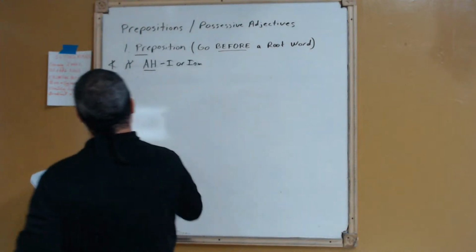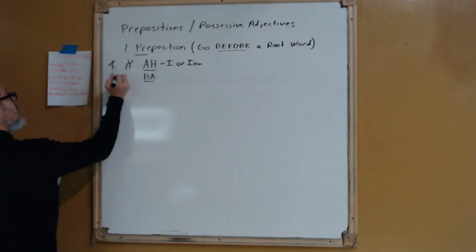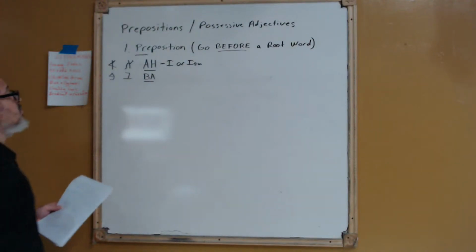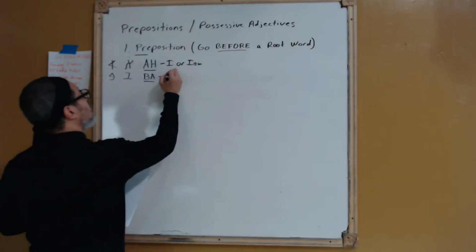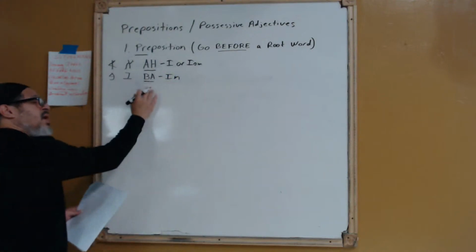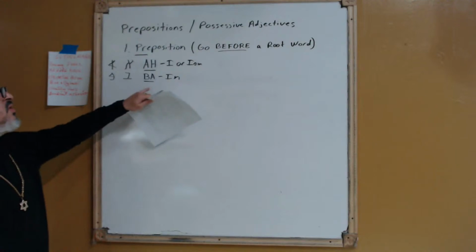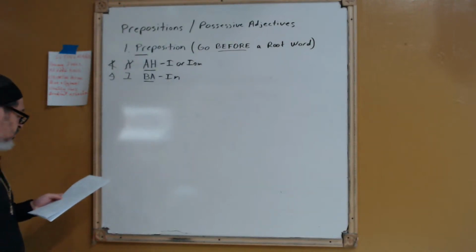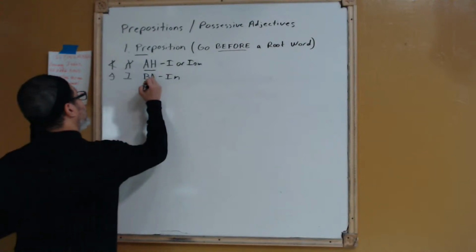Next we have ba. The ba sound is our letter here. Ba. And then the modern ba is in. So if a word starts with ba, it could be a preposition, and it's really the word in. Next we have the da.